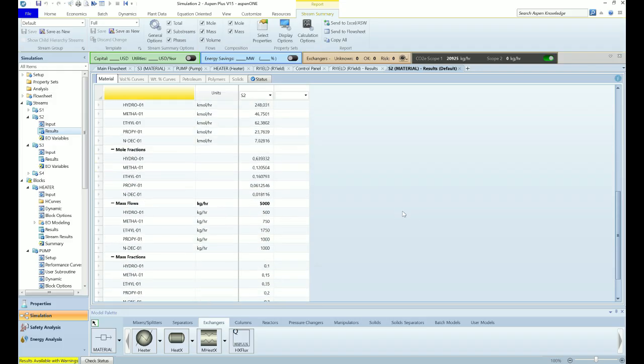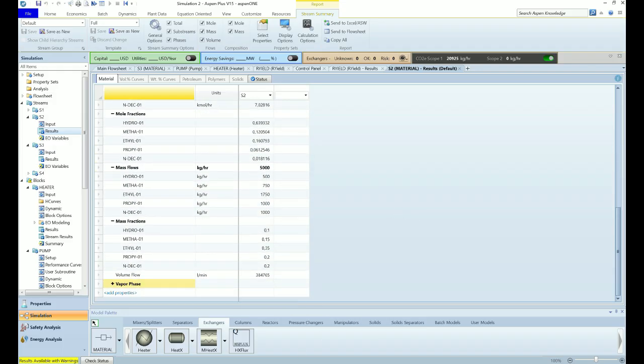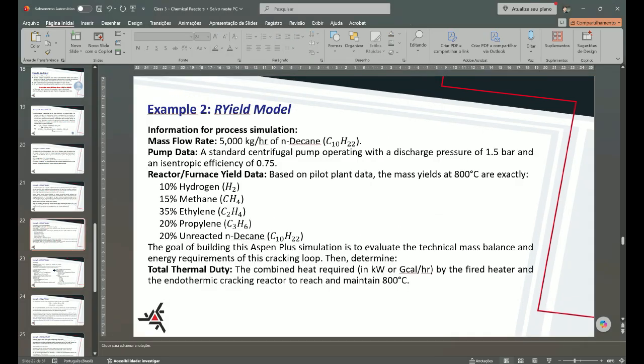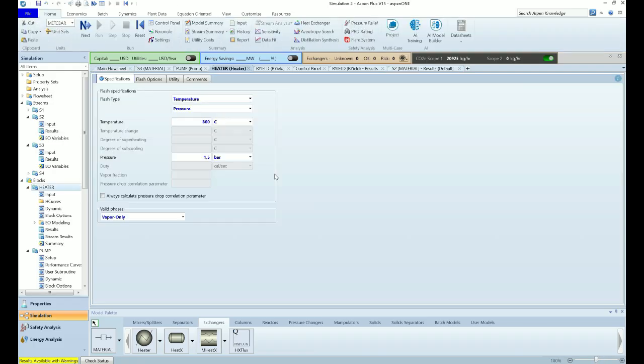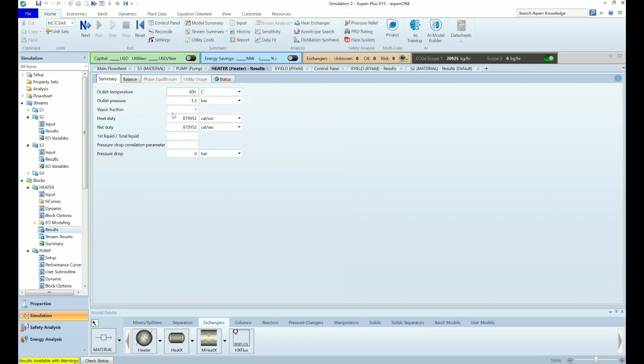for the reactions, try to estimate and answer the question here: the combined heat required by the fired heater and then the thermal cracking reactor to heat and maintain 800 Celsius degrees. So for the heater, we can find in the results of the heater the total heat duty, and we can convert it to the units that we want.